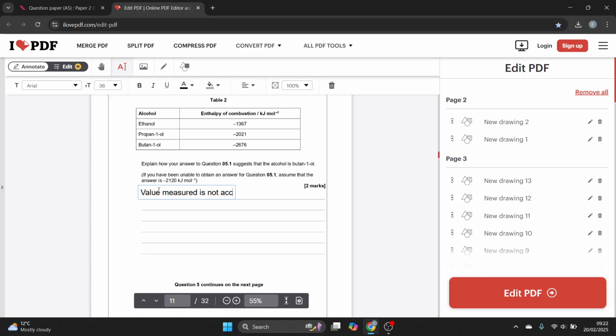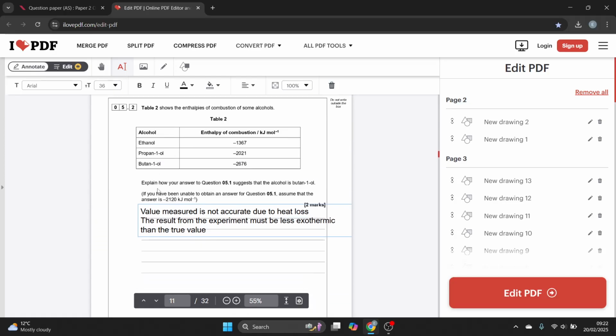It is not accurate due to heat loss. Or you could say incomplete combustion, but heat loss is more preferable. And then the idea that the result from the experiment must be less exothermic than the true value.